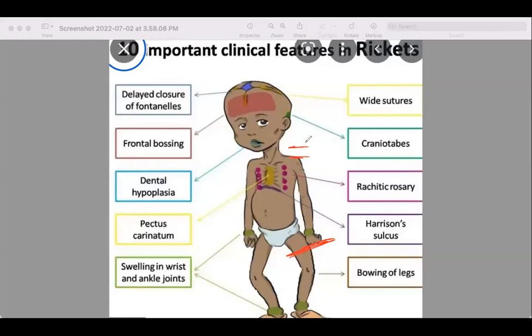If it is shooting out of the shoulder, that means there is shortening of this portion. If it is not reaching here, then there is shortening of this portion. So you have to understand which part is short: rhizomelic, acromelic, or mesomelic shortening.